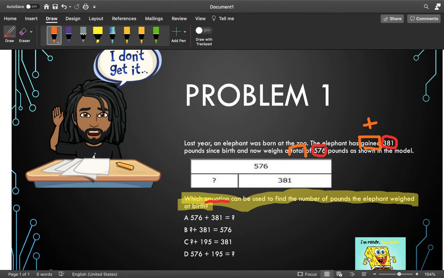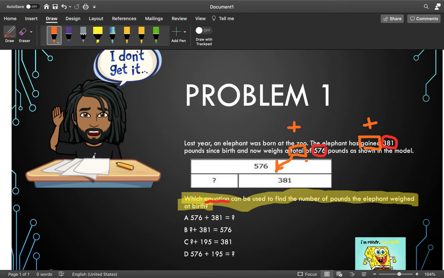And we know the total is the complete sum amount. And when we're dealing with total, we're dealing with what? Subtraction or addition. Correct. We're dealing with addition. So we can already see that our equation is going to have to deal with what operation? Addition. Good. All right.